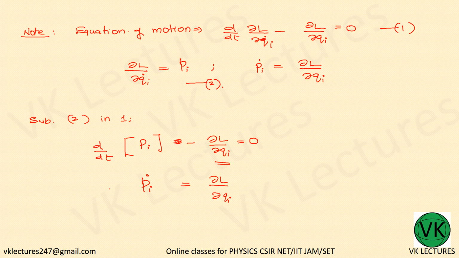So this is the generalized momentum, and this is the equation of motion. In simplified form, this is another form of equation 1. Equation 1 is this, and the same can be written as Pi dot equal to dou L by dou Qi.